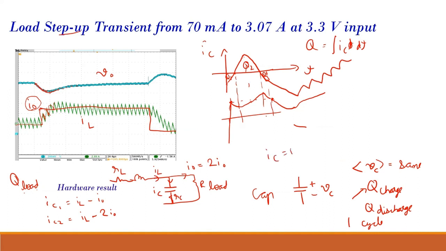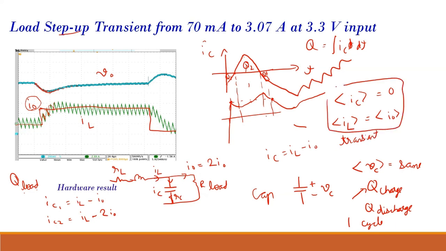Your capacitor current is IL minus I output, and in steady state, your average capacitor current is 0. So your average inductor current is equal to your average output current. But during transient, this is not valid. The average values are not 0. This equation, IC equal to IL minus I naught, is always valid. Sir, now I understood, thank you.